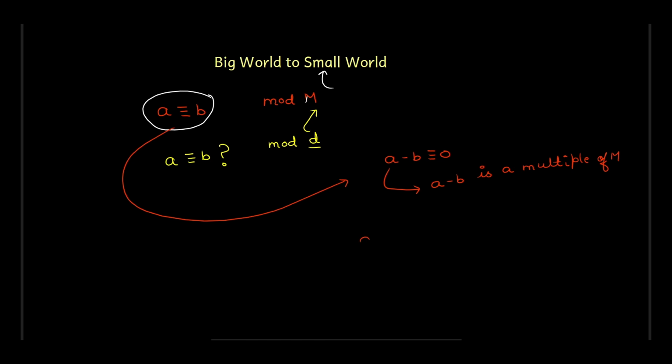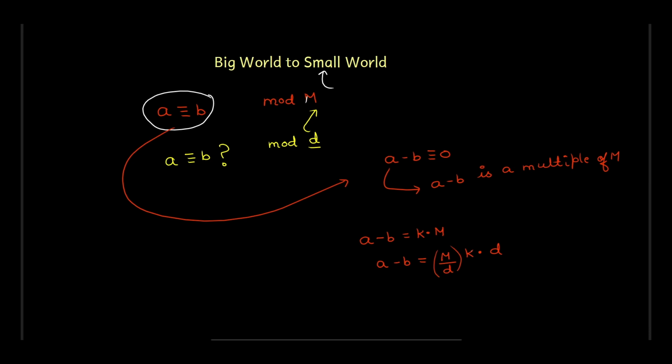So a minus b is a multiple of m. But if a minus b is a multiple of m, you can write it as a minus b is equal to k into m. But if d is a divisor of m, you could rewrite this expression as a minus b is equal to k into d, and to accommodate for this, we write m over d over here.